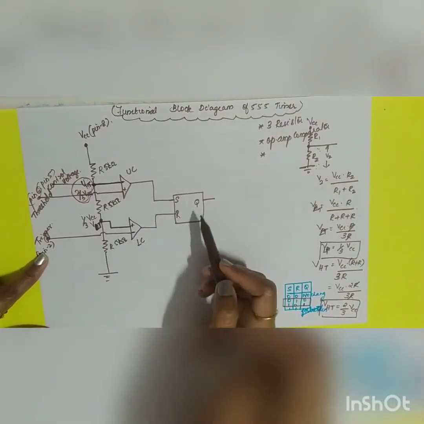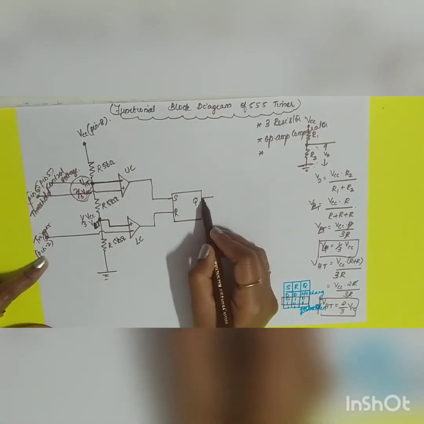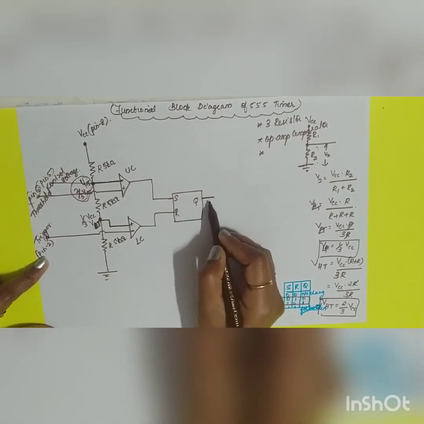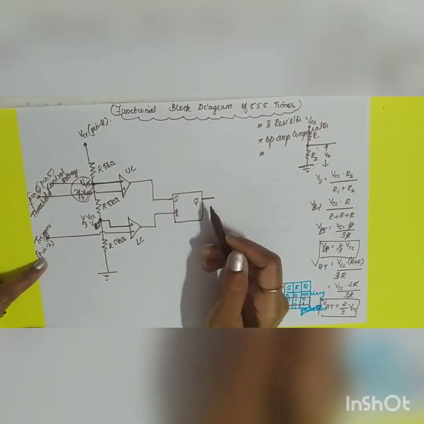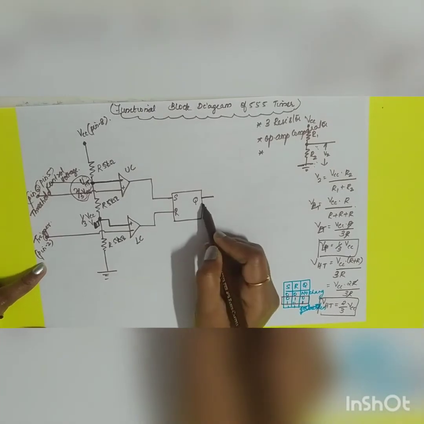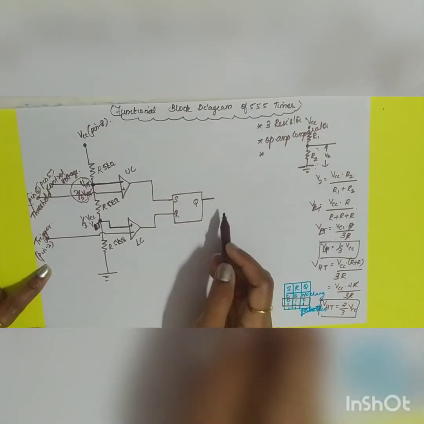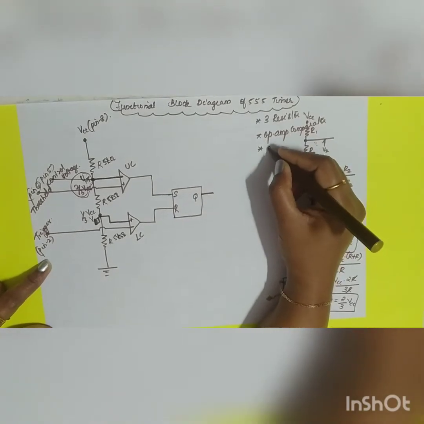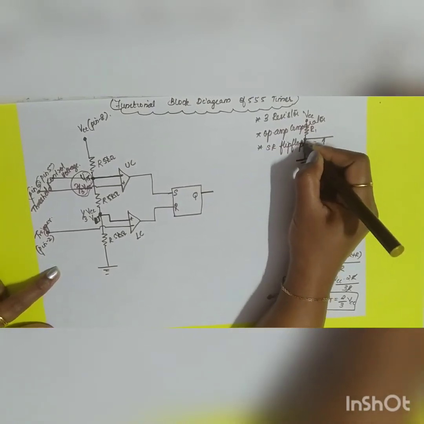Okay, so now set and reset. This is called set and reset. So when S is equal to 1, Q is equal to 1. When S is equal to 0, Q is equal to 0. Or you can say when R is equal to 1, Q will be equal to 0. In any way you can interpret it. Okay, so the third one will be your SR flip-flop. Okay, so the flip-flop is over.